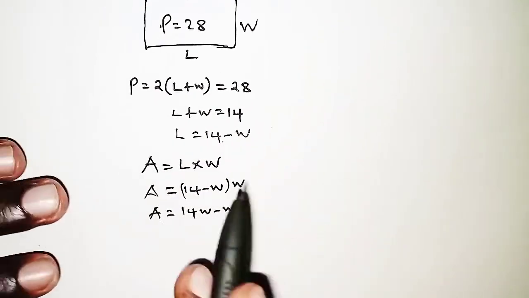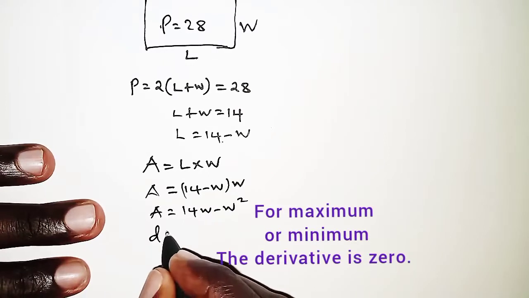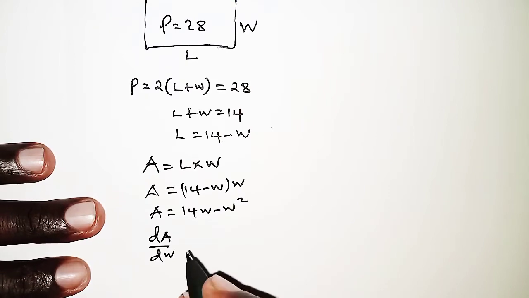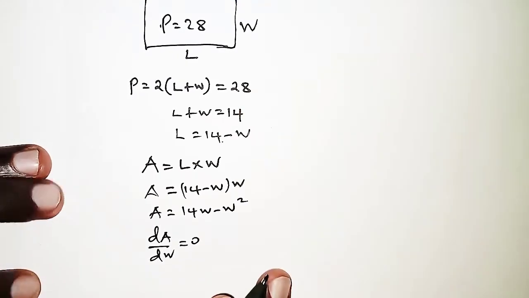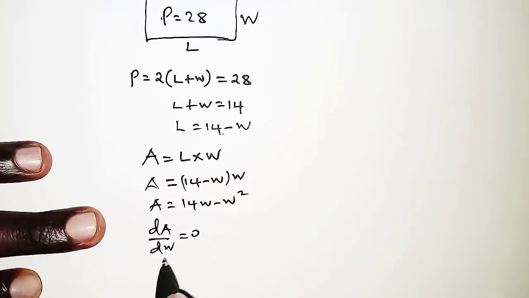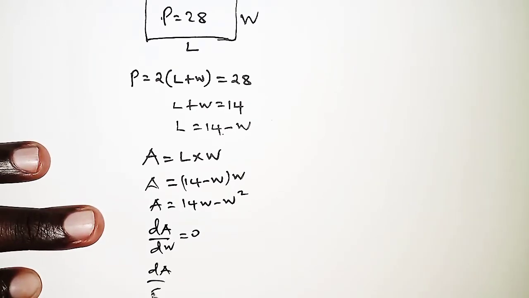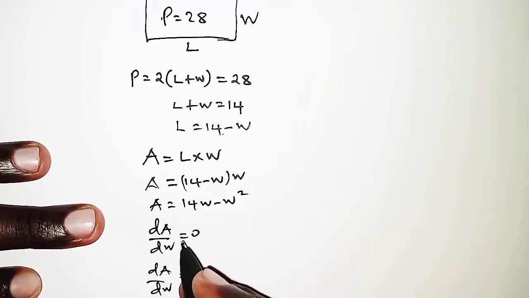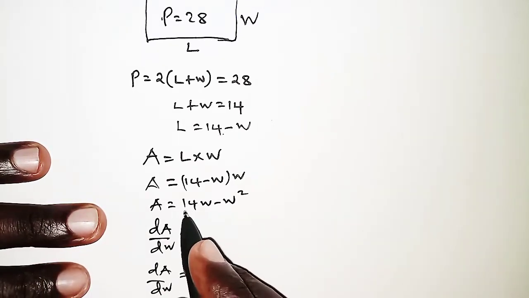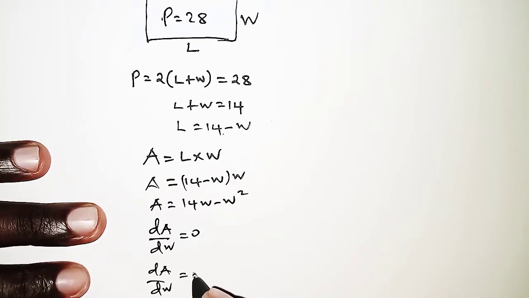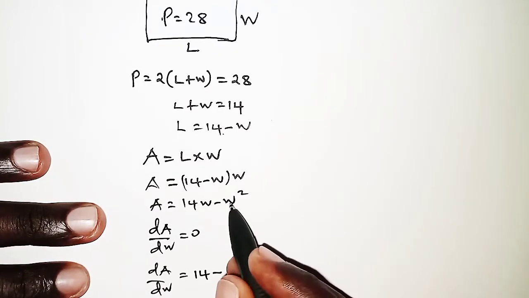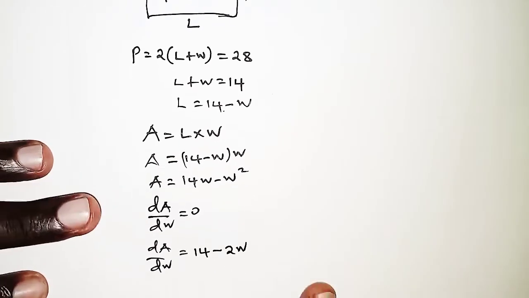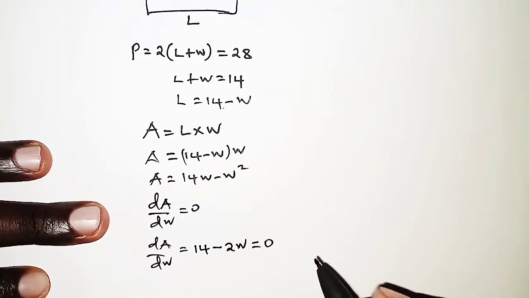So for the maximum area, the derivative of area with respect to the width, dA/dW, should be 0. dA/dW means that we differentiate this expression with respect to W. 14W differentiated gives us 14, minus W squared, that is 2W. And this should be equal to 0.